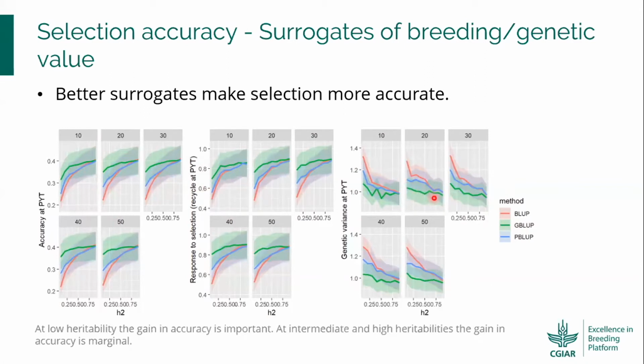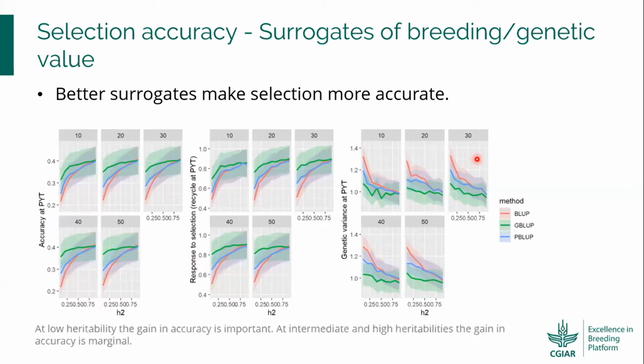It doesn't mean that it's exhausting the genetic variance faster. It means that it's translating the genetic variance into genetic gain faster. I don't know if there is any question on this plot or any doubt. Otherwise, I'll move to the next example from the simulations that we've been generating in the past 2 years.